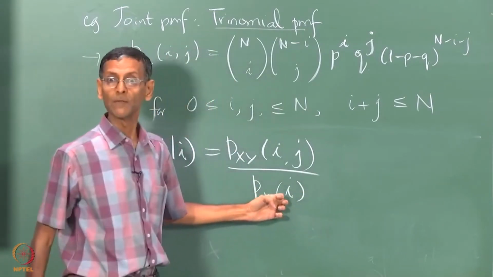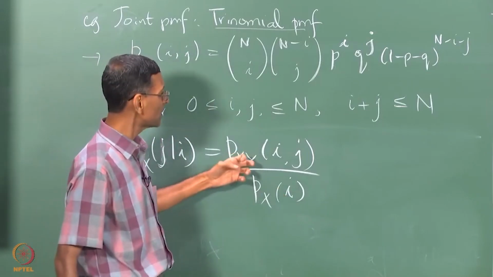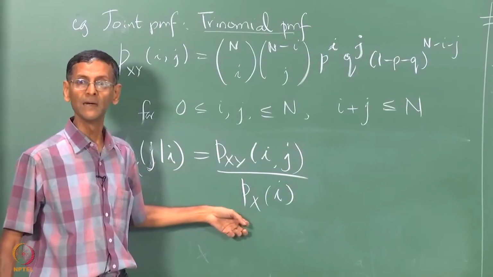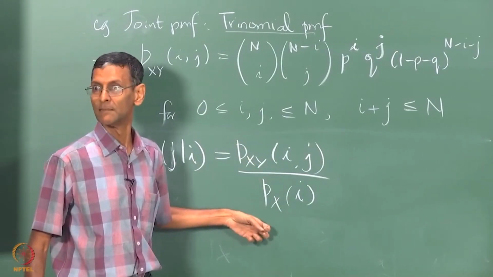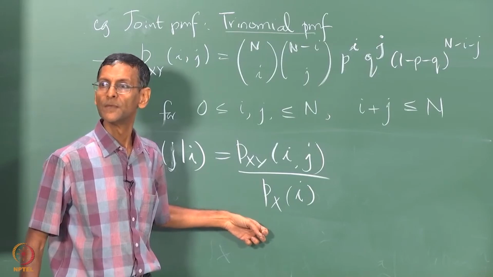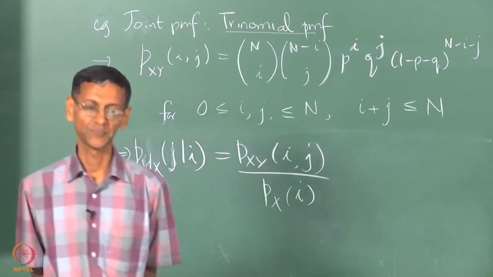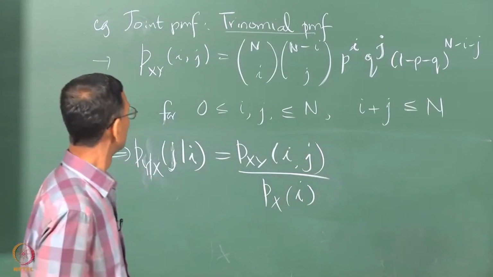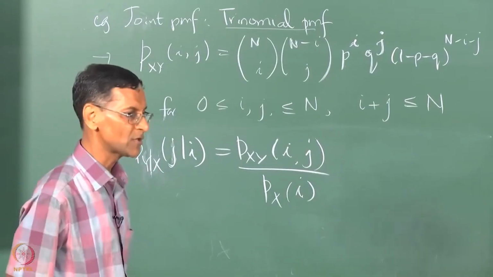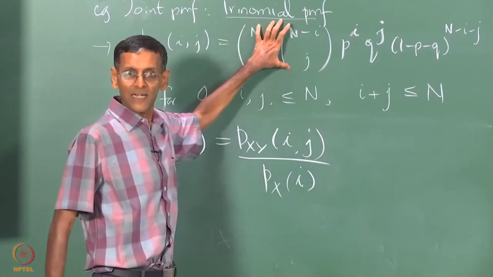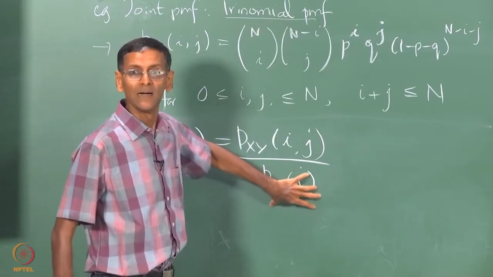This is binomial, we have already worked it out. Therefore, the way to understand this conditional PMF is it is joint divided by marginal. If you do the calculation, what do you think you will get? This has a nice closed form expression because there is no summation involved.